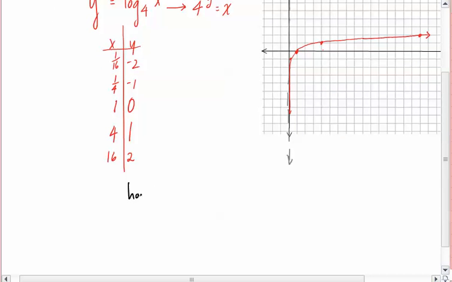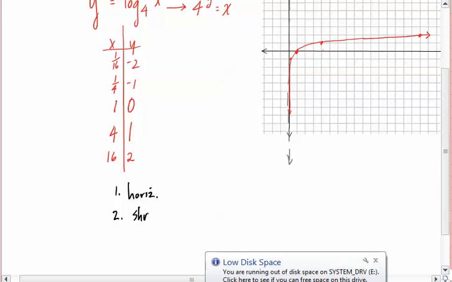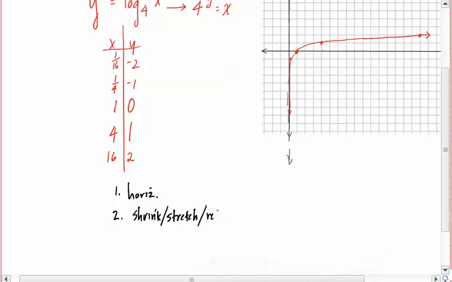We first take the horizontal and make any adjustment to that. Secondly, we make any adjustment to stretching, shrinking, or reflecting. And the third one is we make any vertical shift. This is a horizontal shift, meaning a translation, and this is a vertical shift, meaning a translation.